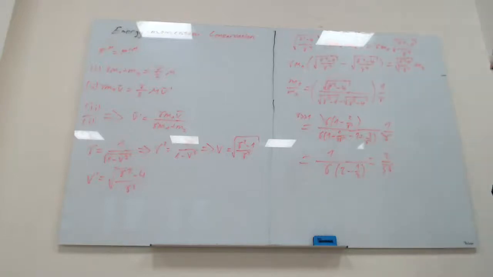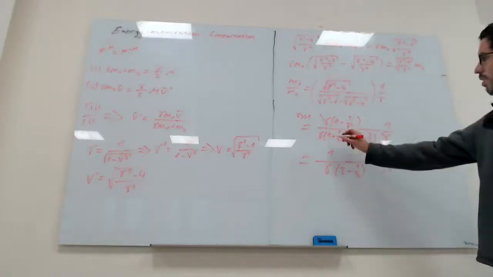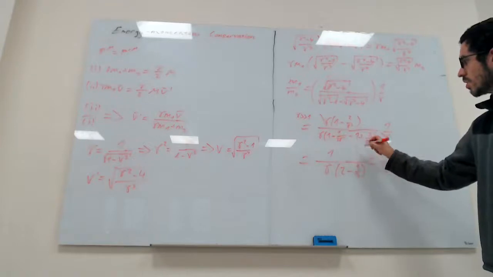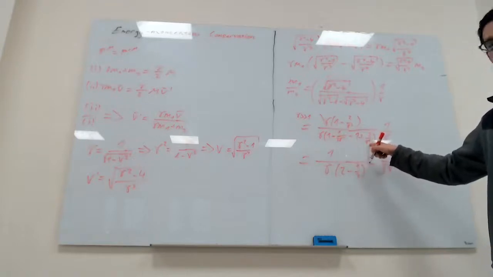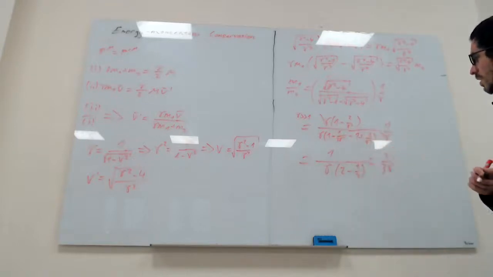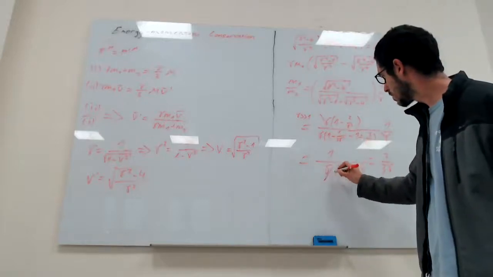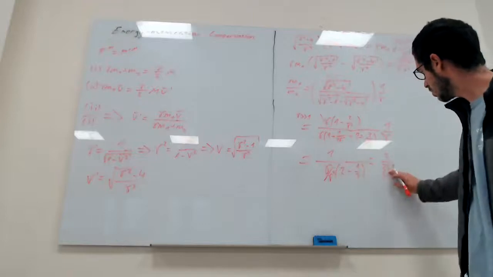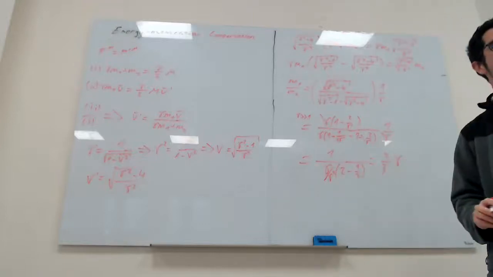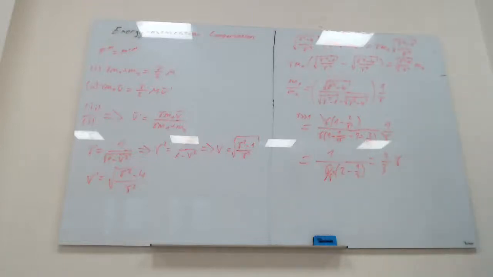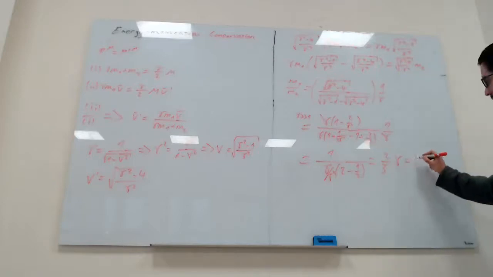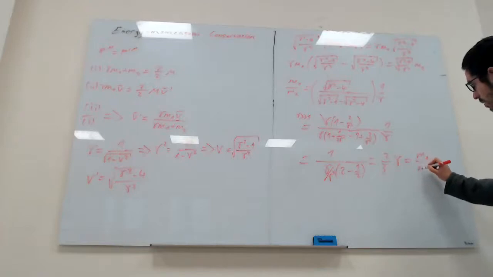The 1 minus 1 cancel out, so this equals 2 over gamma, over 1 squared. Is that okay? Yeah. So that equals m1 over m2.